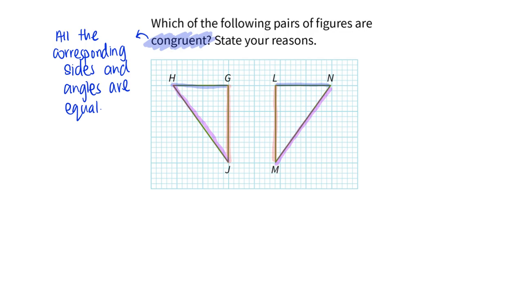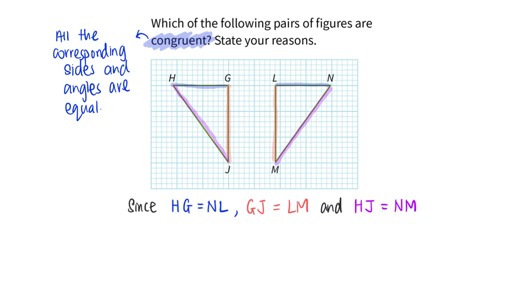Okay? So since HG is equal to NL, GJ is equal to LM, and HJ is equal to NM.